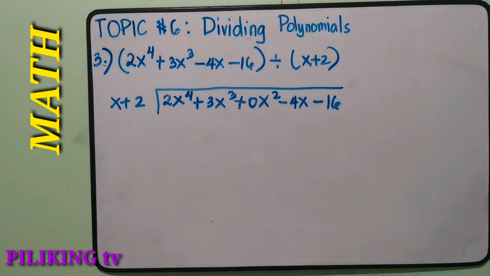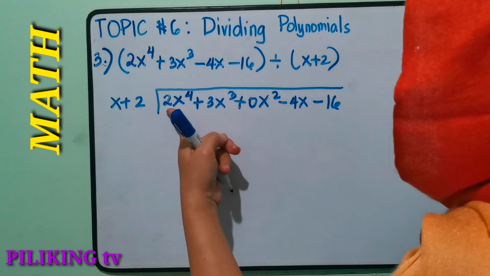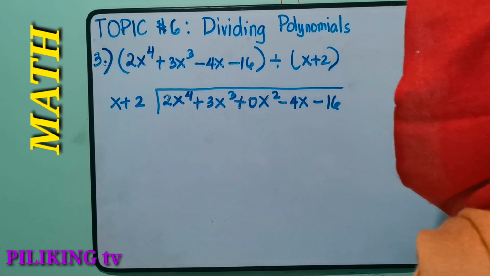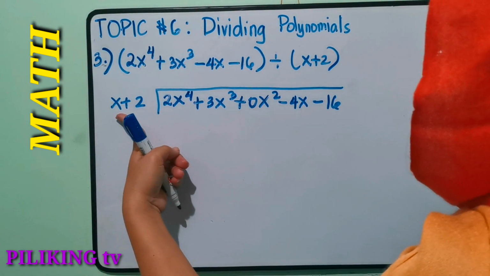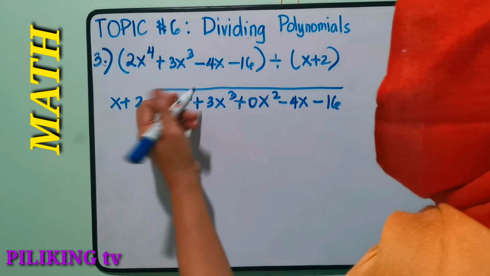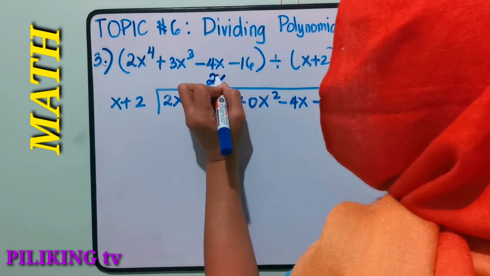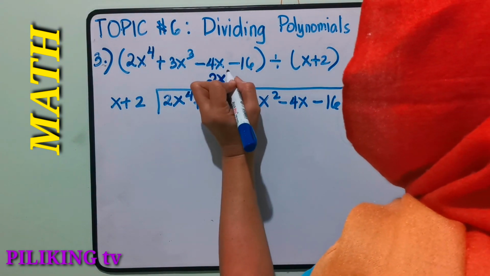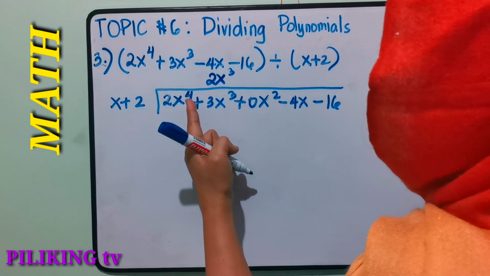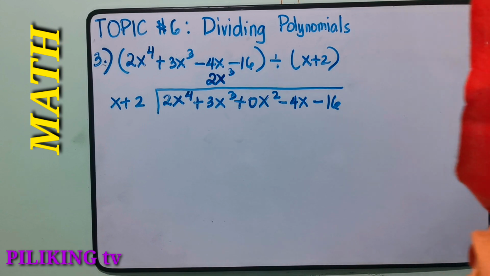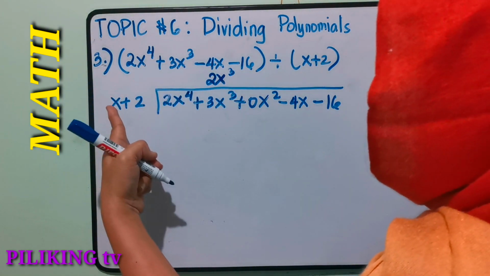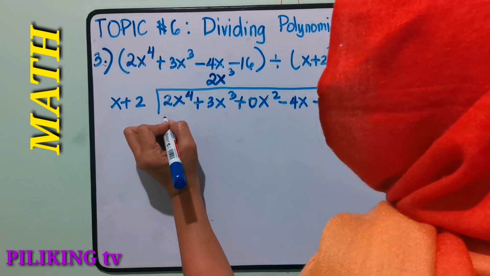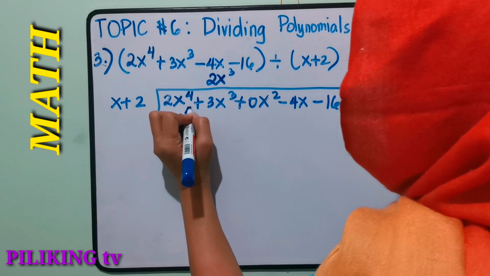Okay, so again, what is our second step? So divide the first term of the dividend by the first term of the divisor. So we have 2x raised to 4 divided by x. That is 2x raised to 3. So you subtract their exponent, 4 minus 1. So therefore we have 3. And then you multiply 2x cubed to x. So that is equal to 2x raised to 4.